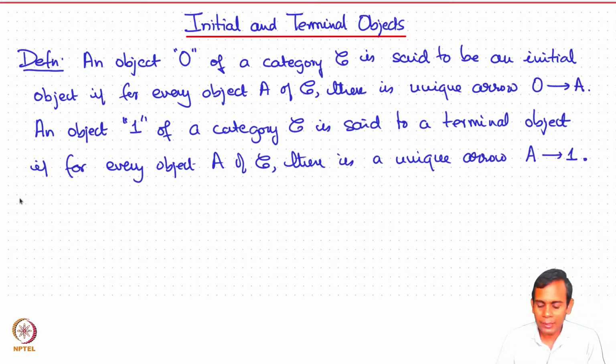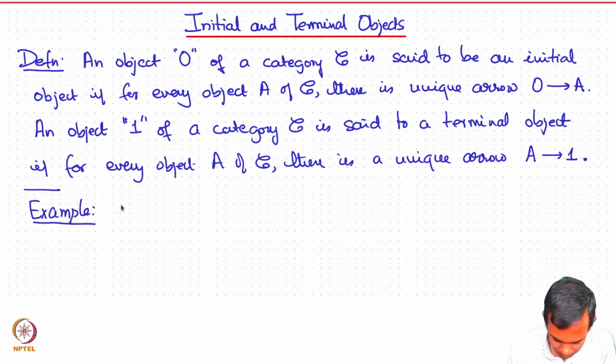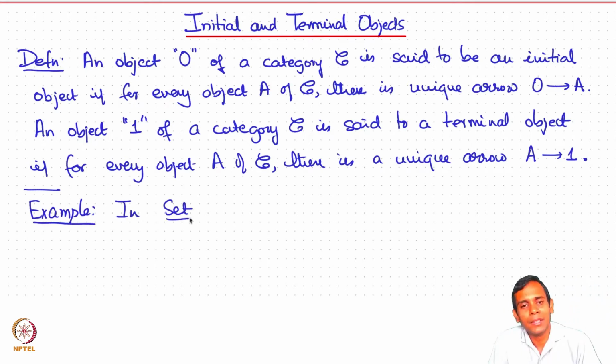Okay, so whenever we see a definition in category theory, it's good to ask, what does it mean for sets? So let's look at the category of sets. In the category Set, what is an initial object? You're looking for a set such that given any set, there is a unique function from this initial set to any set.